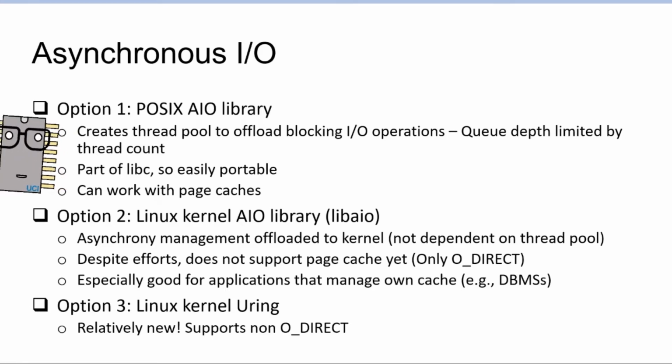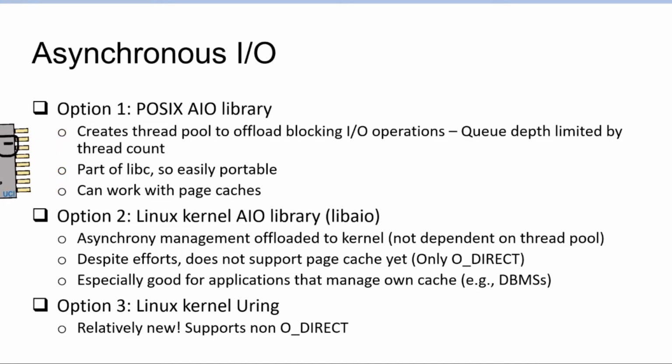But anyways, what POSIX AIO does is that it creates a pool of threads to offload blocking I/O operations. Each thread will be working on a blocking I/O operation. And because we have many threads, we can have many blocking I/O operations working in parallel, which is how we reach queue depth. And here the queue depth is limited by the thread count that you can spawn, which is not a pretty severe limitation because you can spawn as many threads as you want, hundreds, thousands of them, as long as they're not actively busy waiting.